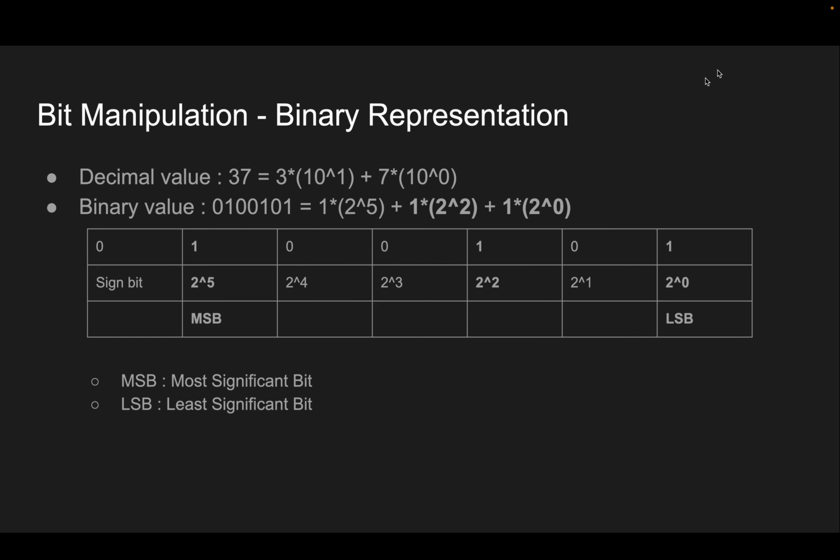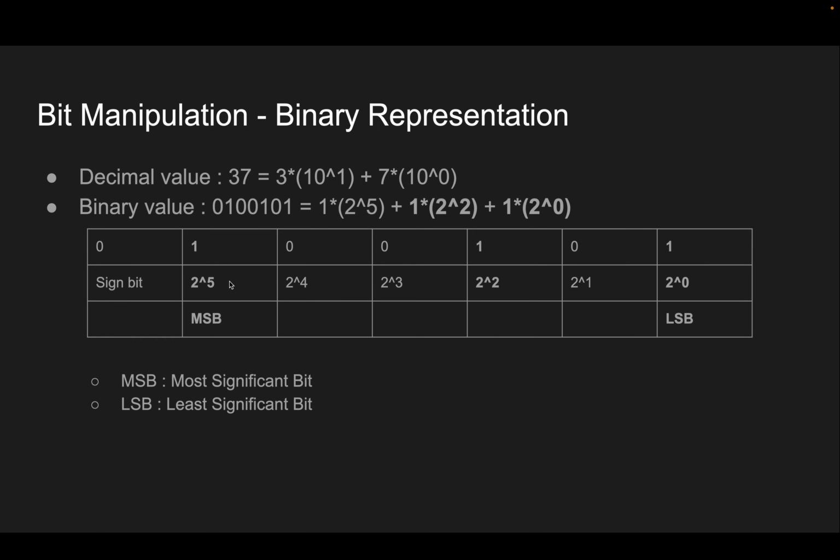For a decimal number like 37, we can find the binary representation. If you don't know how to find it, I put a link in the description of this video, and you can look at the first reference.